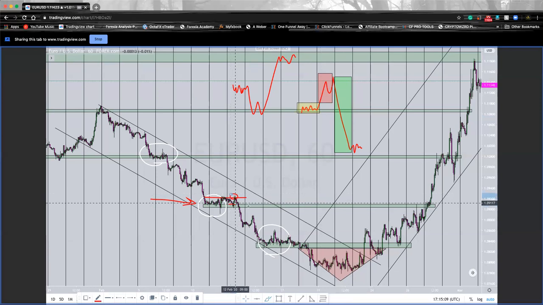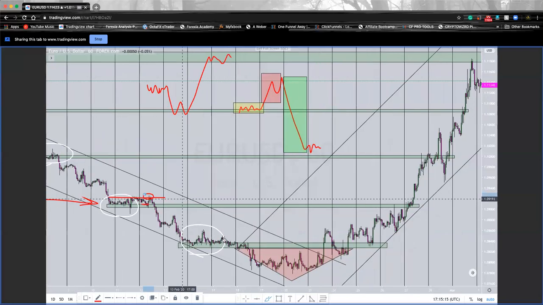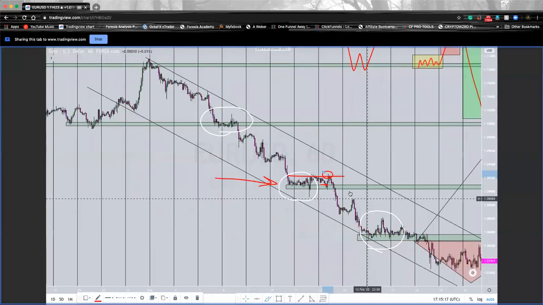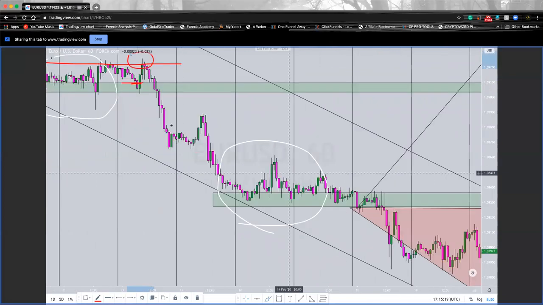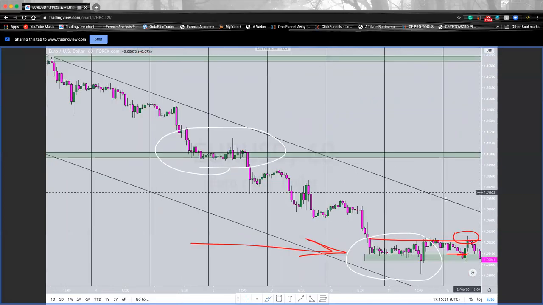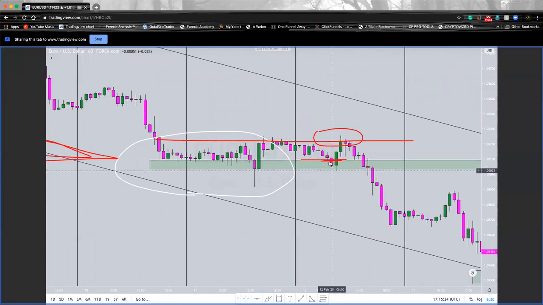At the same time, those who are buying from this support will see green candles. And those green candles are basically confirmation for whatever you want to call it, price action engulfing in the support.